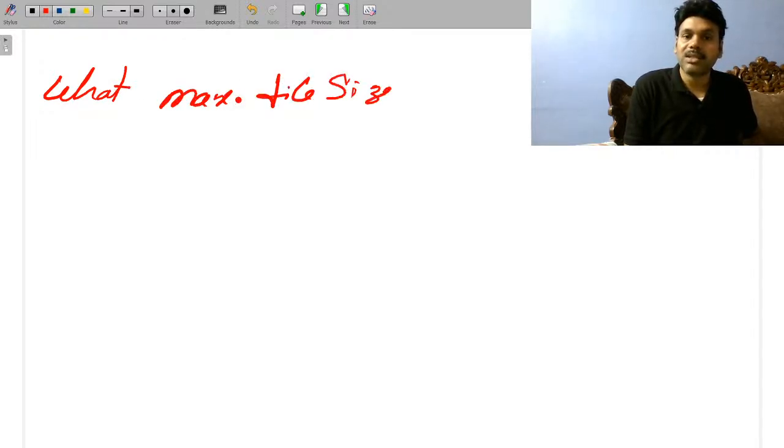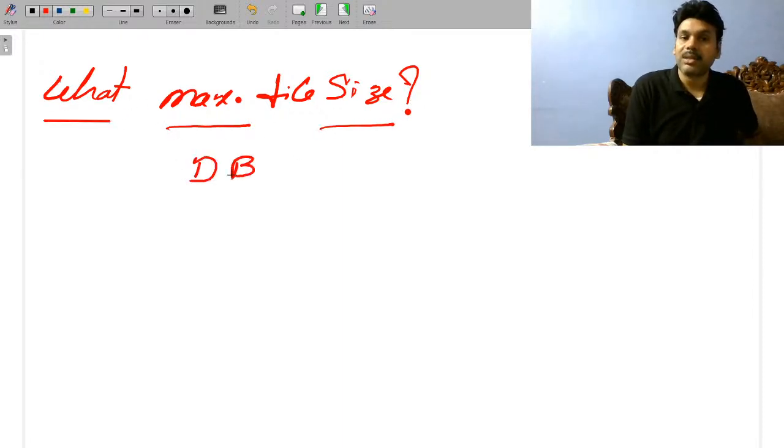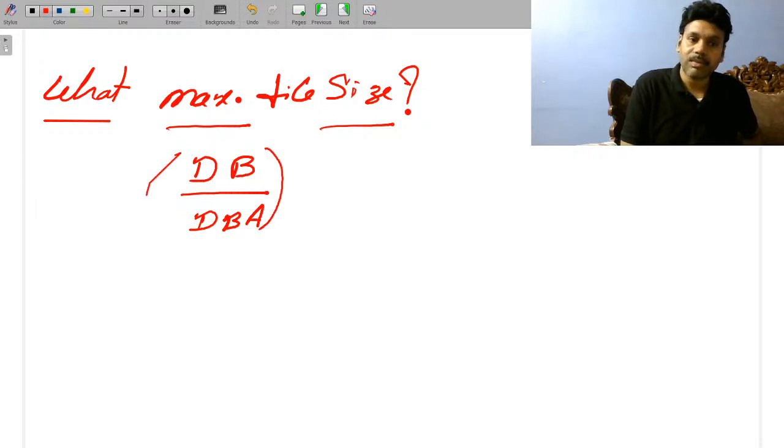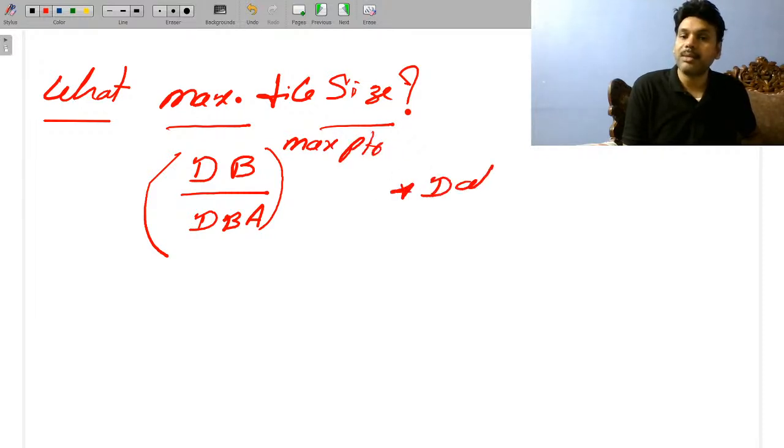The maximum file size is nothing but your disk block size divided by your block address size, and you say that maximum pointer and store your data.